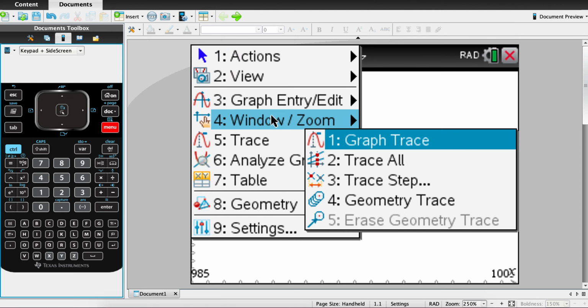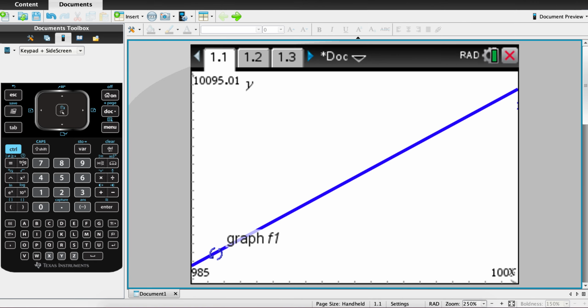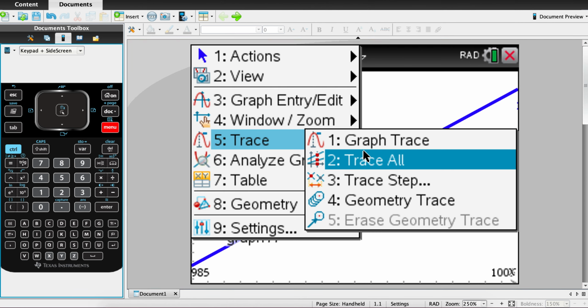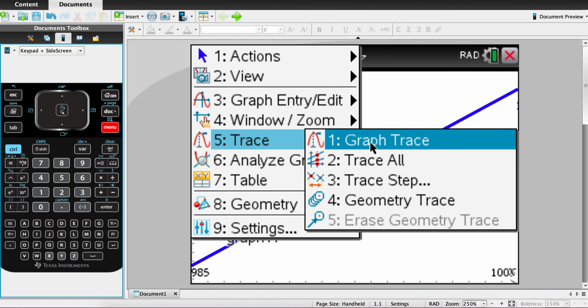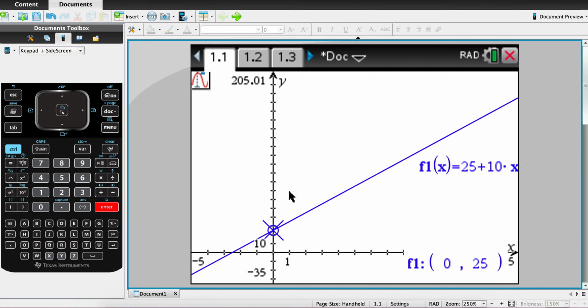Menu, I'll just make sure I can see my graph by doing zoom fit. There it is. And then I want to know where that graph is for the x value, or the n value, of 0. So I'll press 0 and press enter. And as expected, it's at 25 because that's my y-intercept.